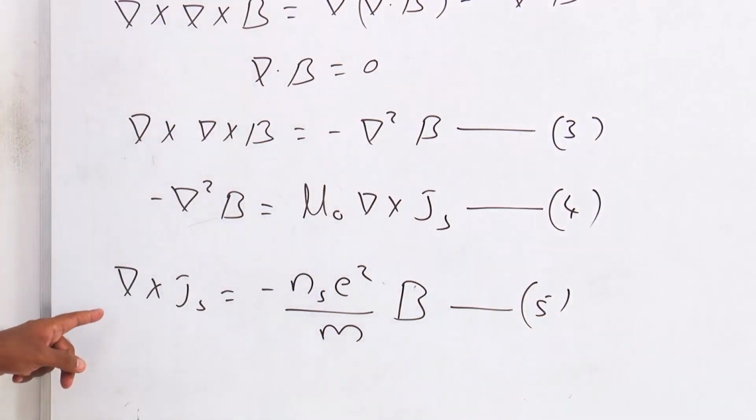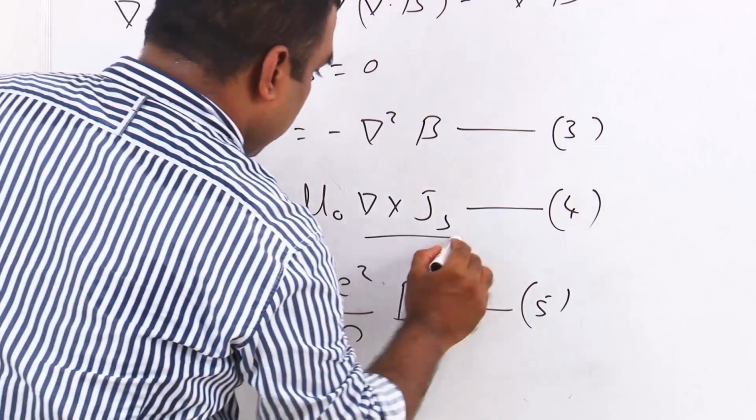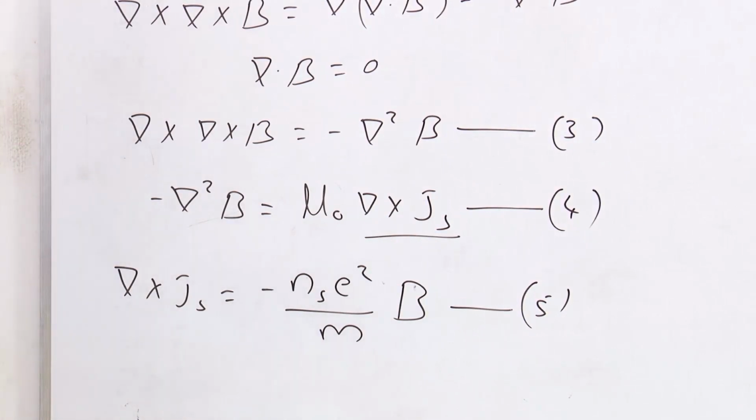This is actually the second London equation. So instead of del cross Js, I can substitute the right hand side of equation 5.